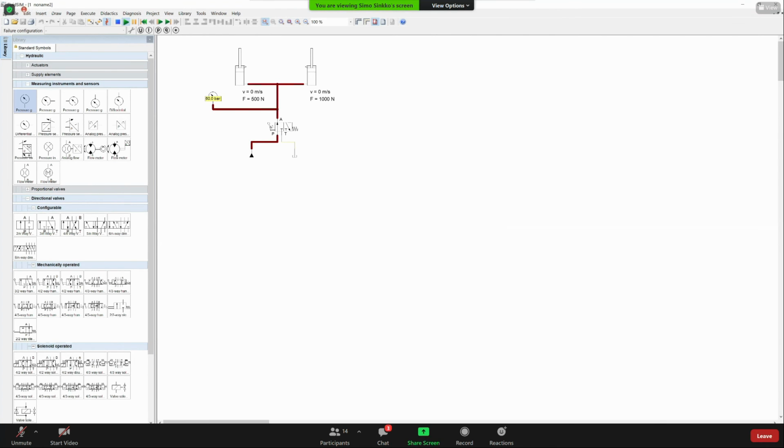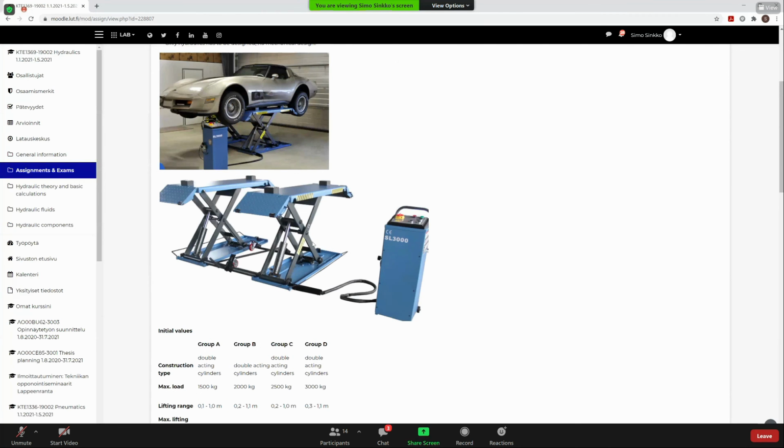And imagine that this would be our car lifter. I think it would be a disaster that the left side would go first up and then the right side would start going up. So this is something that we can't accept.